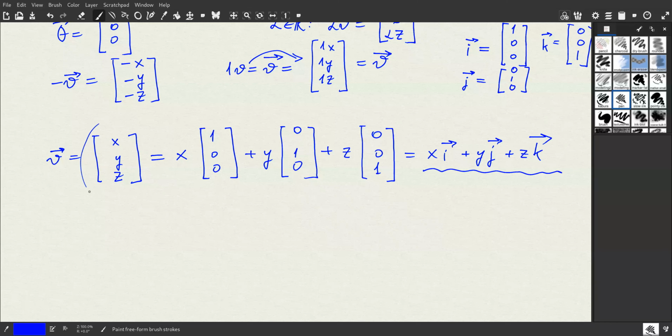Any vector with given coordinates is just a linear combination of our standard orths or standard directional vectors with the corresponding coordinates x, y, z being coefficients.